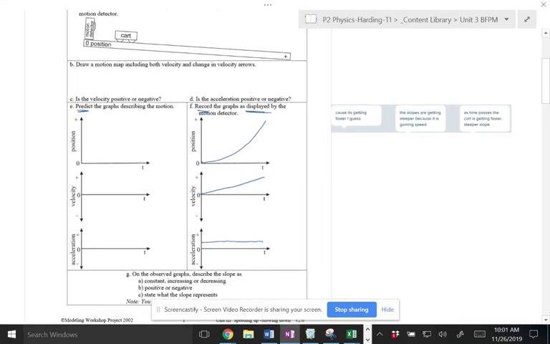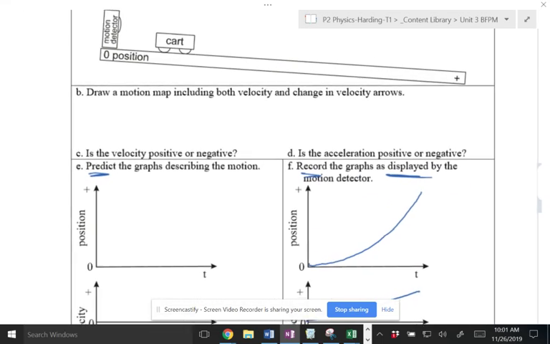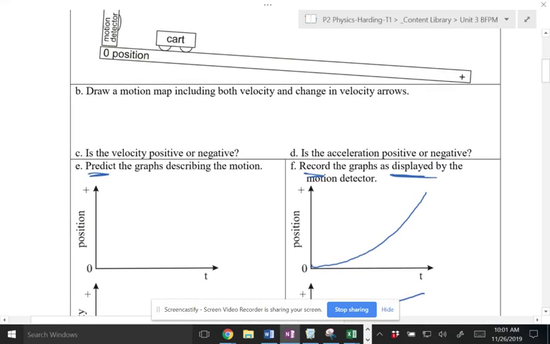This thing says to draw a motion map to include both the velocity and change in velocity arrows, okay? So what would the motion map look like? Thinking back to the lab from the last couple of days, your motion map's going to look just like what we already did, just like those tapes over there.